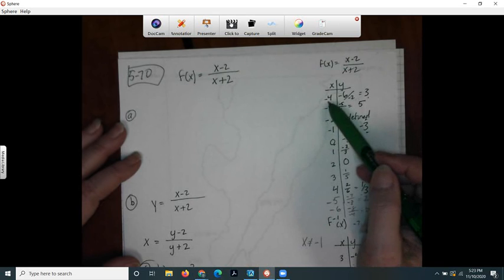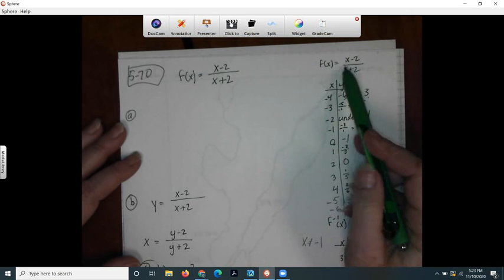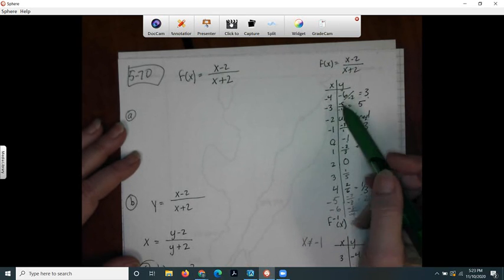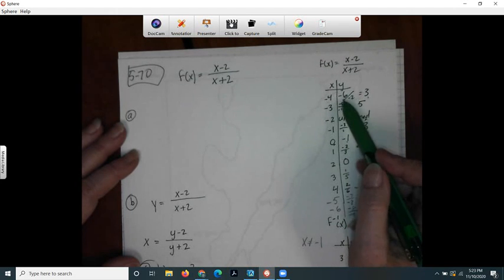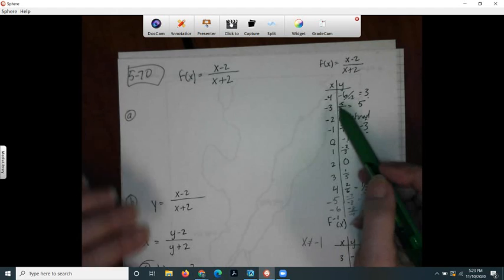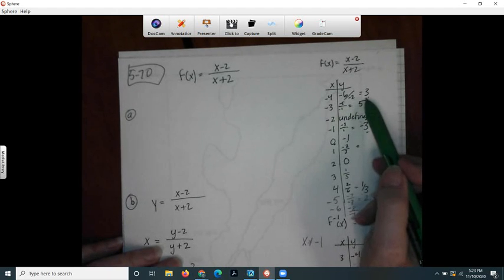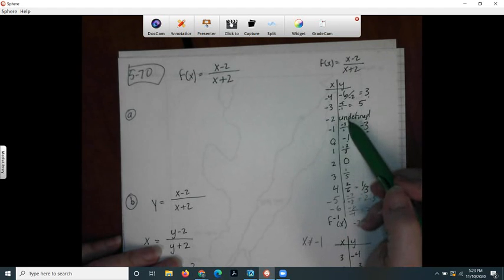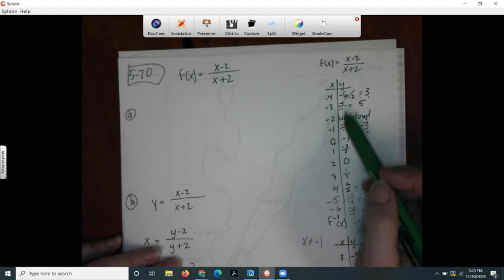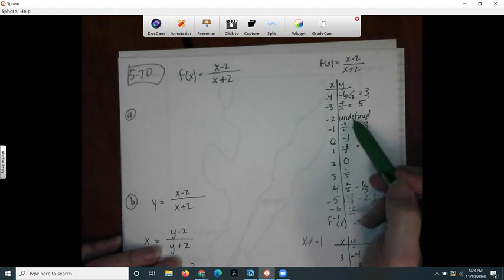So if I put -4 in, that's -4 minus 2 is -6, and -4 plus 2 gives me -2, so I get 3. So when I plug in -4, I get 3. When I plug in -3, I get 5. When I plug in -2, it's undefined, so that's going to give me an asymptote at -2.